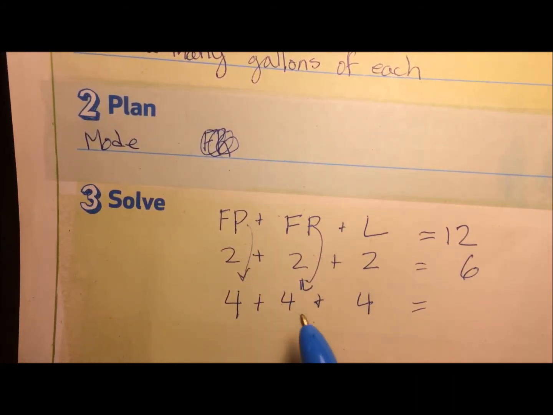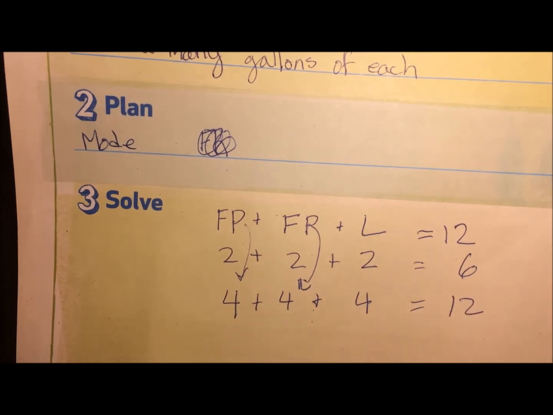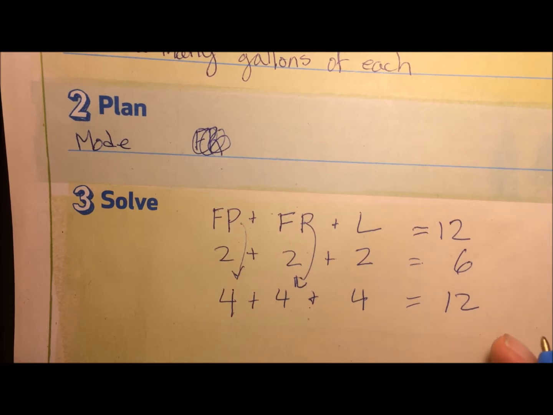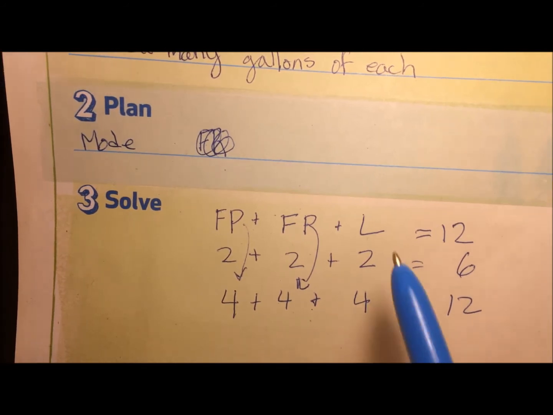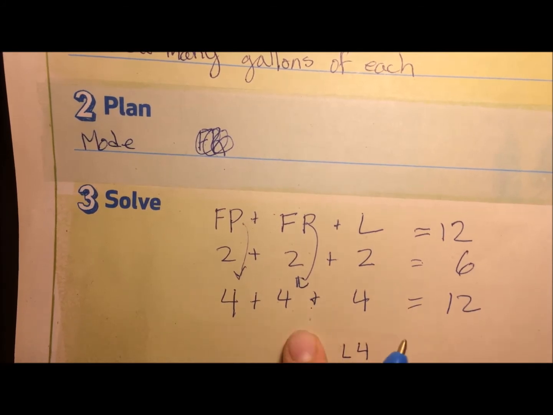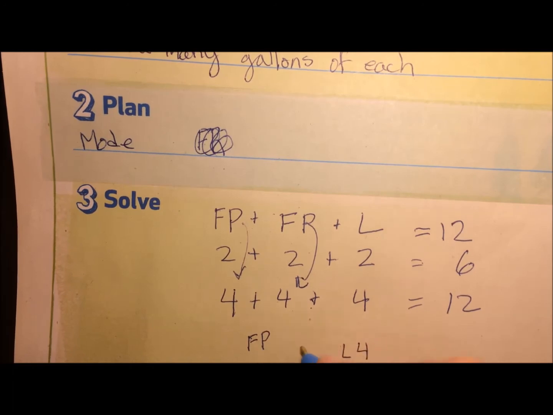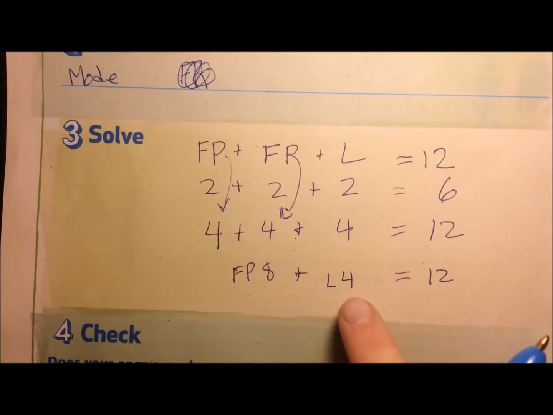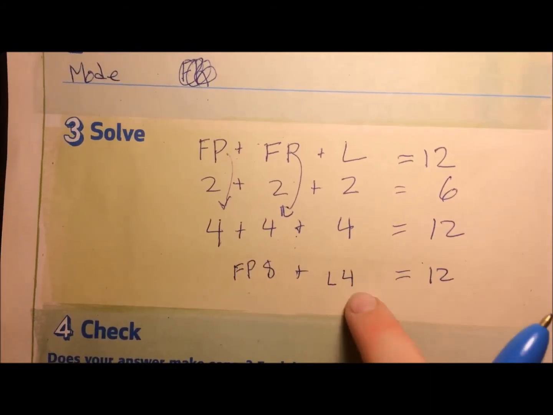Okay, 4 plus 4 plus 4, that does equal 12. Right? So if you're thinking about it, we're saying that there would be 4 lemonades. Lemonade 4. And our fruit punch, we could combine these because it's 2 fruit punches. So our fruit punches would be 8. Now if we're adding that, yes, it would still be 12. And 8 is 2 times 4. 4 times 2 is 8.